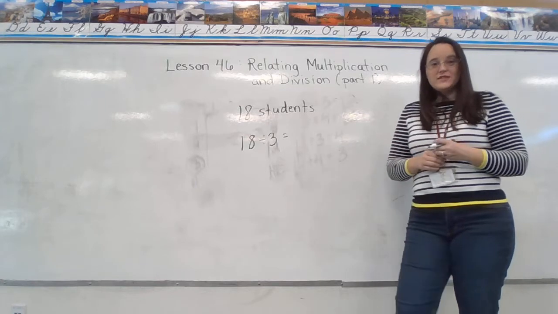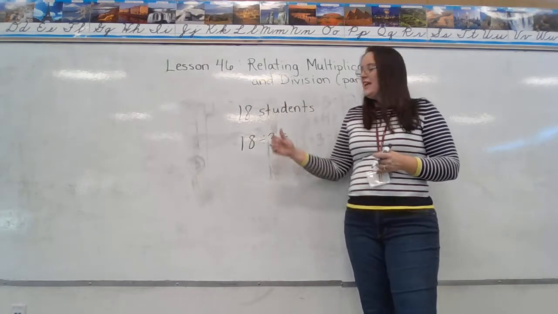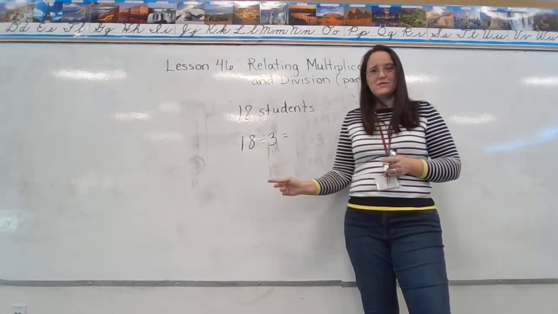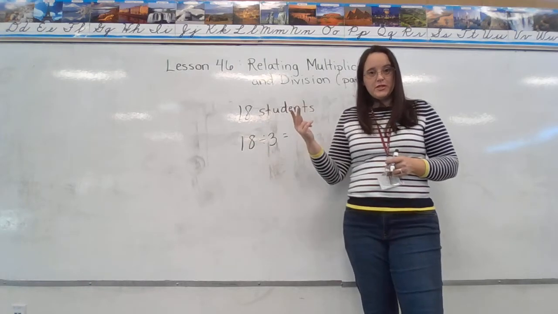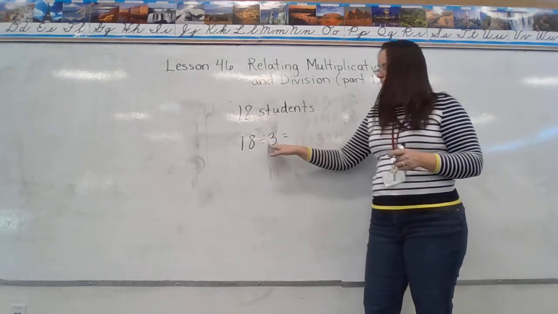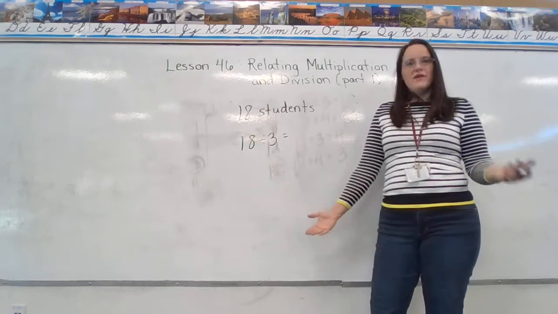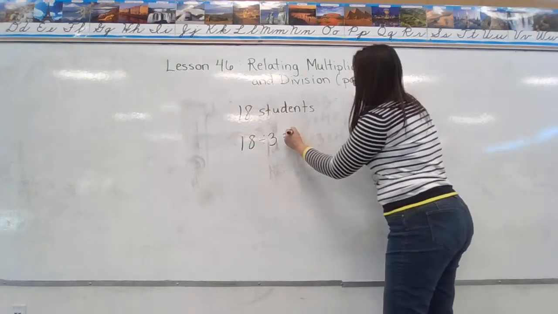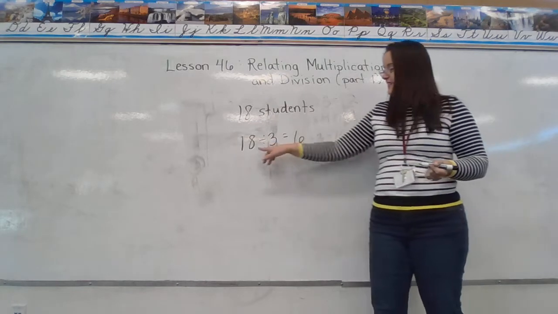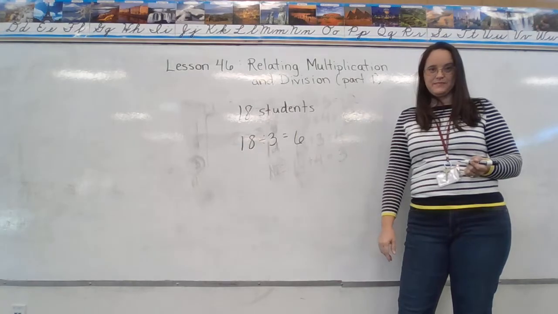So you can use that knowledge of multiplication to help you in your division. If you don't know what 18 divided by 3 is, you can flip it to a multiplication problem and say, what number times 3 is going to give me 18? Oh, I know that one. That's 6. So if 3 times 6 is 18, then we know that 18 divided by 3 equals 6.